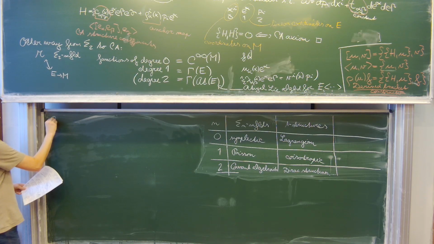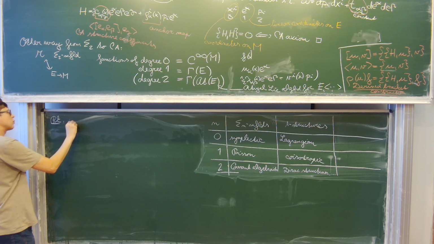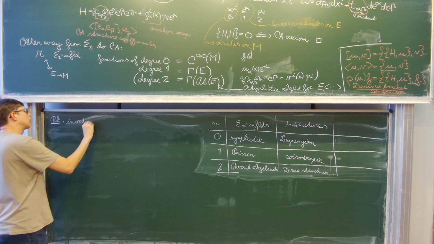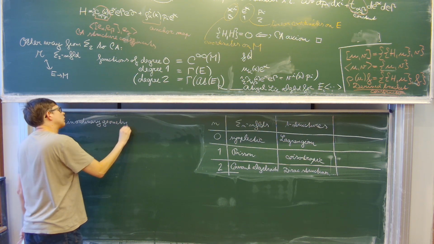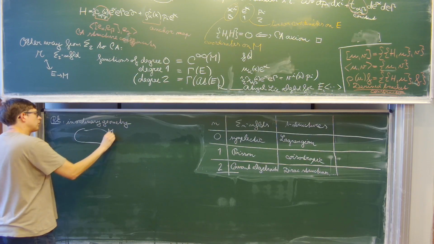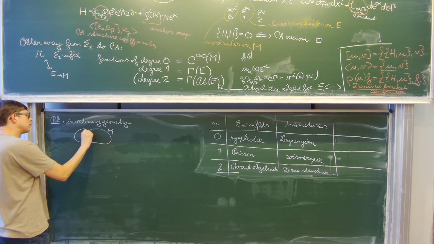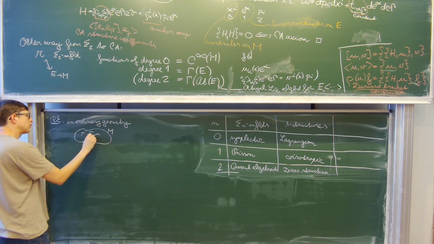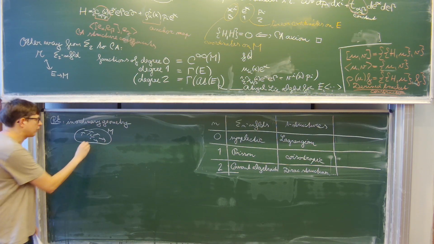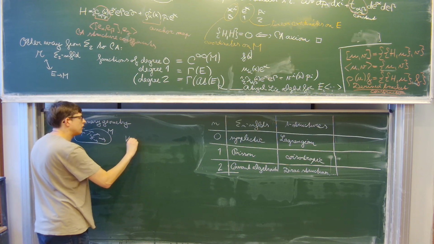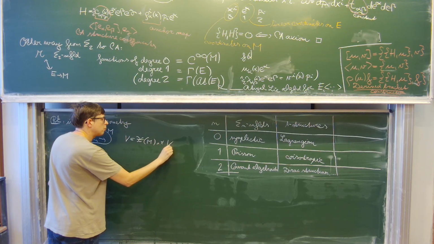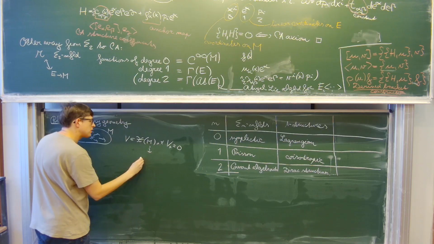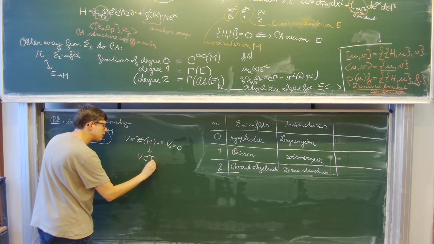Maybe let me make one remark. In ordinary geometry, if I have a manifold and a vector field V which vanishes at a point P, so V at the point P is 0, then this induces an action of V on the tangent space.